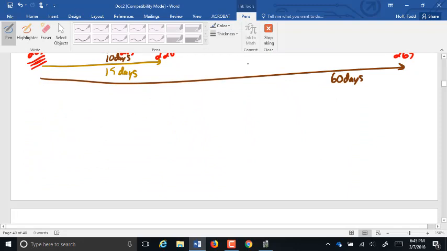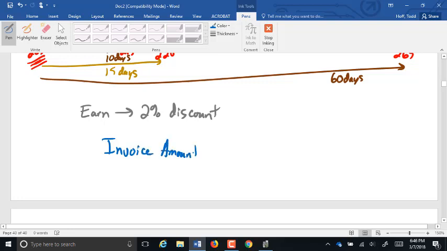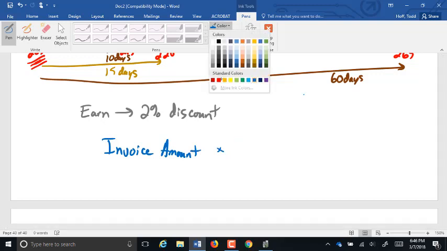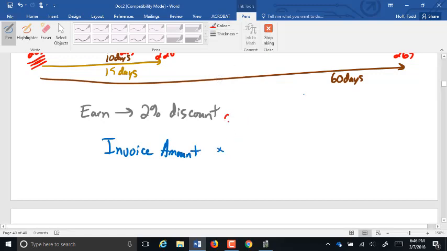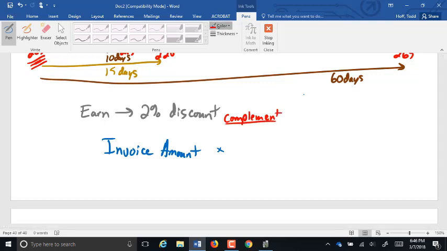So if they get one of the discounts, let's say they pay early enough to get the 2% discount, we take that invoice amount times the term that really we use here, called a complement of the discount, to give us the amount paid.